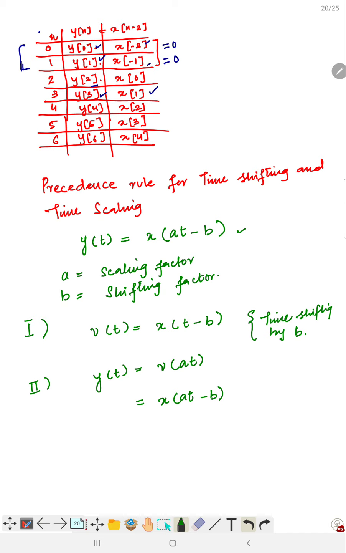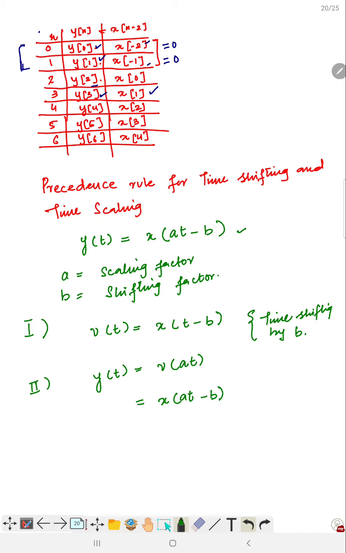This was a little bit that was left from the last video: when we perform two operations on the time variable simultaneously, that is, you have an original signal x of t, a scaling factor and a shifting factor, you have to follow a precedence rule.